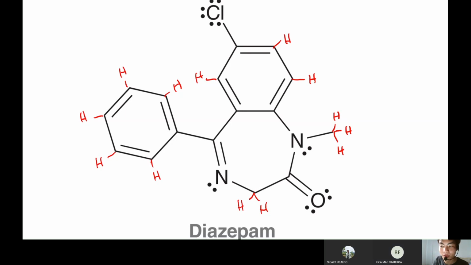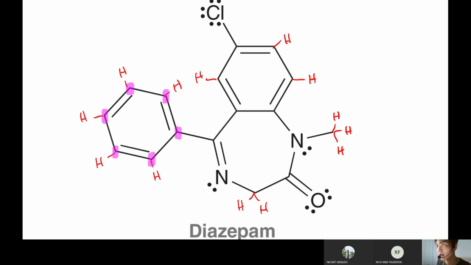So, bilangin natin yung carbon. Again, yung edges yan na hindi indicated yung atom. So, gamitin natin yung pencil color. So, we have 1, 2, 3, 4, 5, 6.